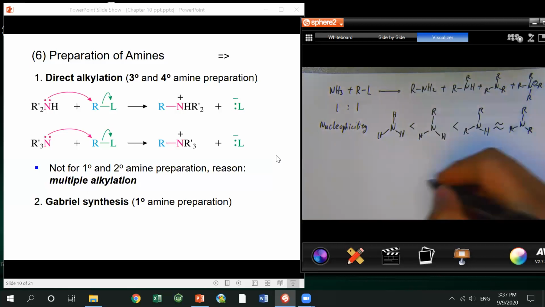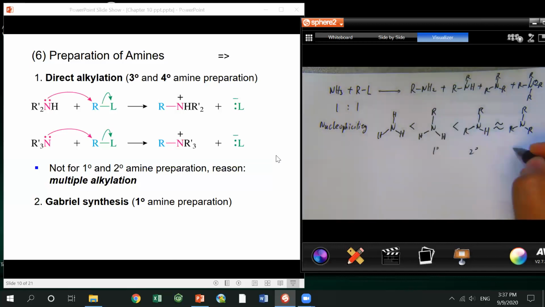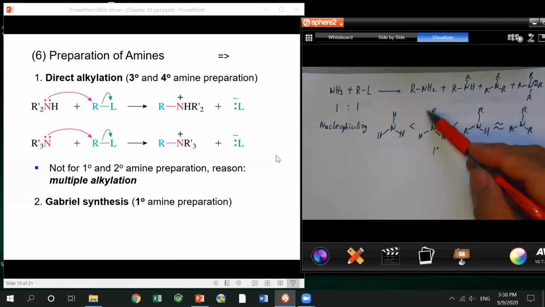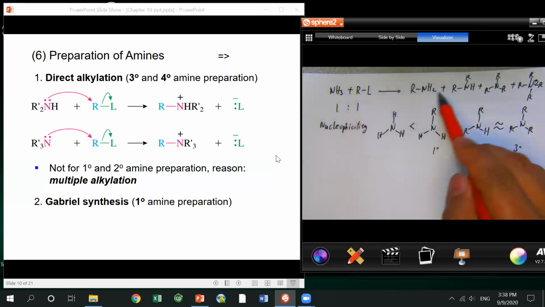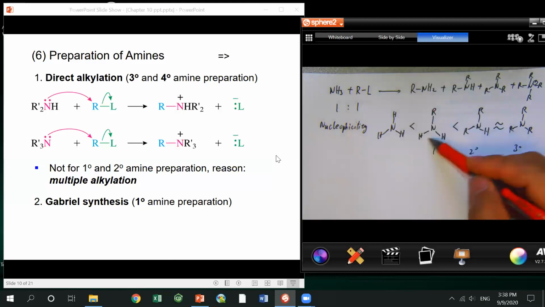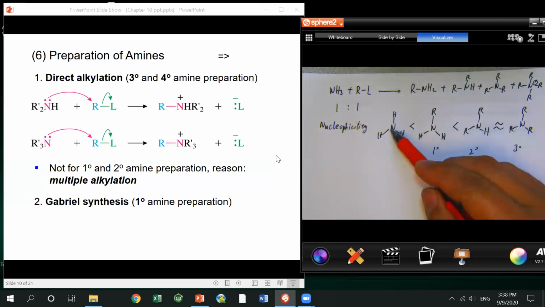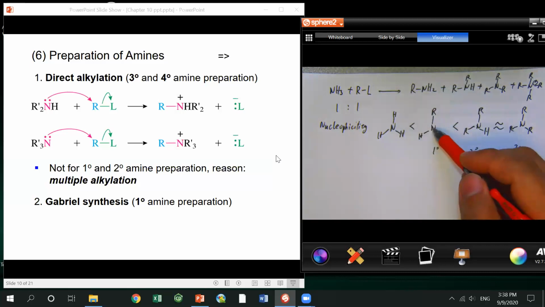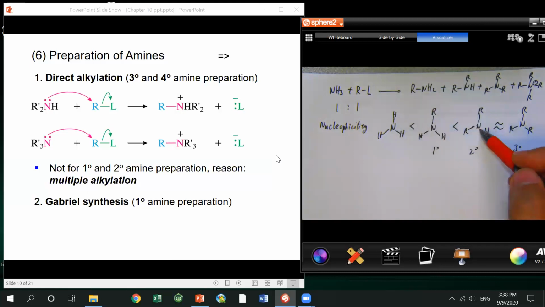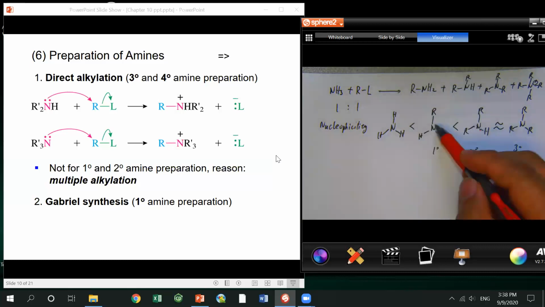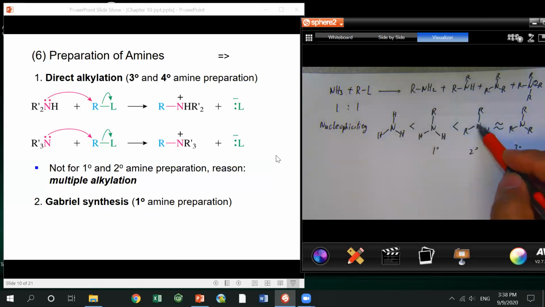So if you generate a primary amine in this reaction, that's a better nucleophile than ammonia, and it quickly does the second alkylation, putting on a second alkyl group, and then maybe generates the tertiary or quaternary amine. So you cannot stop at this stage, because each one is a better nucleophile.